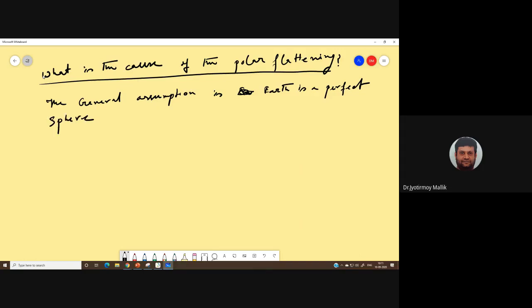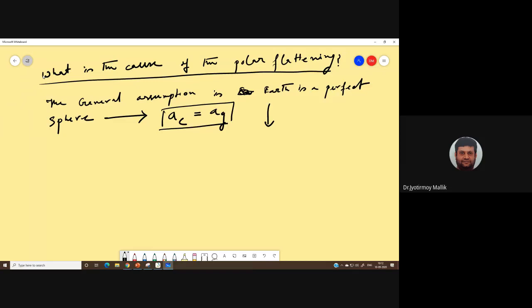Okay? Now we have just seen that this is not true, and if we go with this assumption, we can say that the centrifugal acceleration, AC, is equal to AG, if this particular assumption is true. But we have just seen that this assumption is perhaps not true. We have just proved that from our GPS data, right?